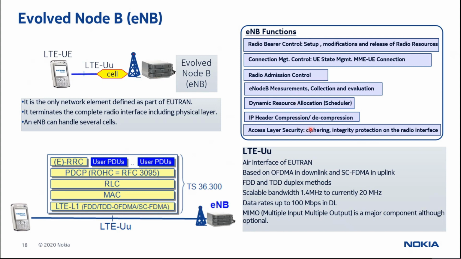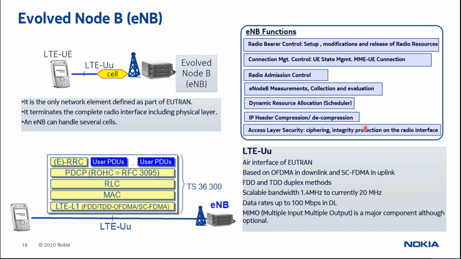Another thing important here is ciphering and integrity protection. Ciphering is different from integrity protection. Ciphering ensures that the user data or voice is actually encoded when it is transmitted from the source, and it is deciphered when it is arriving at the destination end. So there is some level of security provided. And integrity protection ensures that the data which is originating from the source is arriving in the right format without any losses, without any deviation in terms of the critical user information that has arrived at the destination.